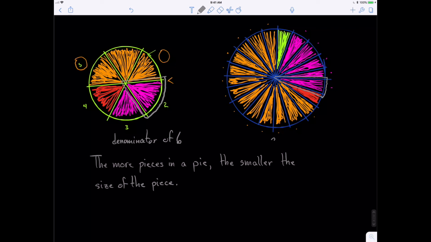And in our other one, it's going to be 20. Well, when you compare that, as the denominator increases, the size of the slice decreases.